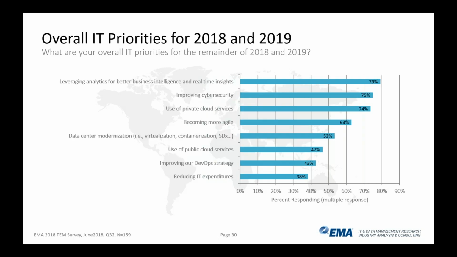And then last, we have overall IT priorities for the remainder of 2018 and 2019. And leveraging analytics for better business intelligence and real-time insights topped the list, as you can see here, with 79% of respondents. And I think the story here is that as the complexity of IT environments increases, a greater emphasis on machine data and analytics is really needed to drive insights and facilitate effective management. So for TEM tools, this first means instrumenting activities to enable reporting and real-time monitoring.